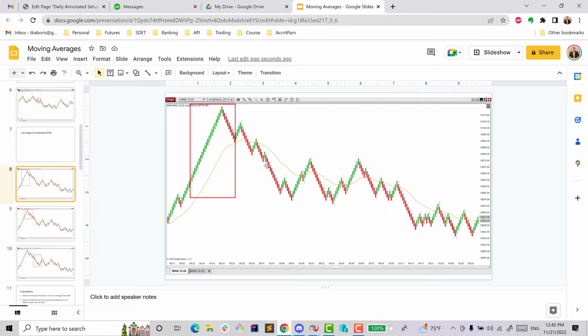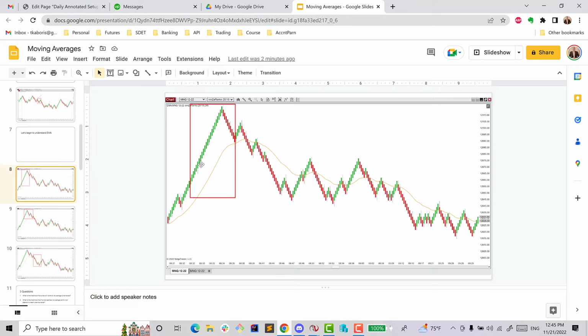If we say this gold line is the 34 EMA, it means it takes the previous 34 bars and takes an average. What's different between EMA and SMA is that EMA puts more weight on recent price action, so it will always have less lag than SMA. That's why we always use EMA.